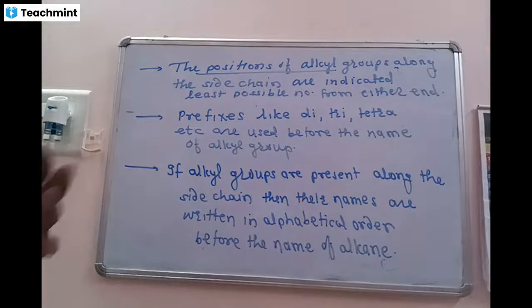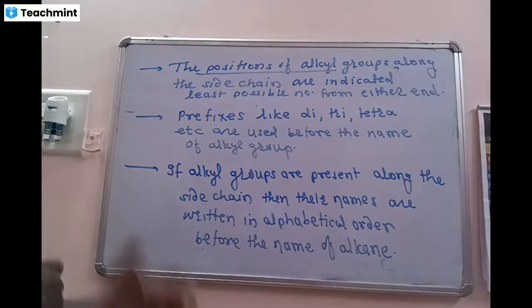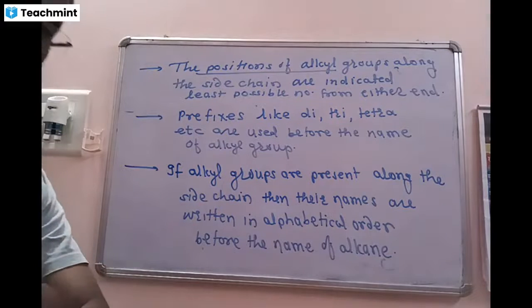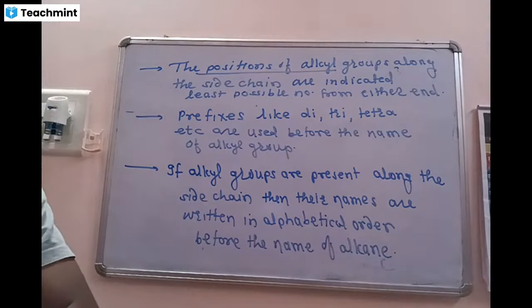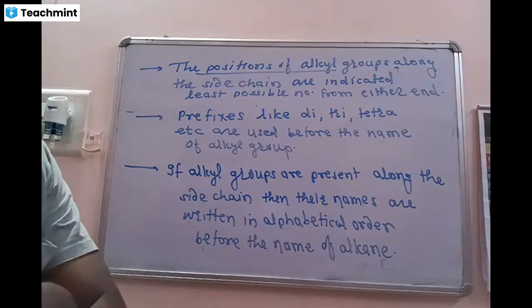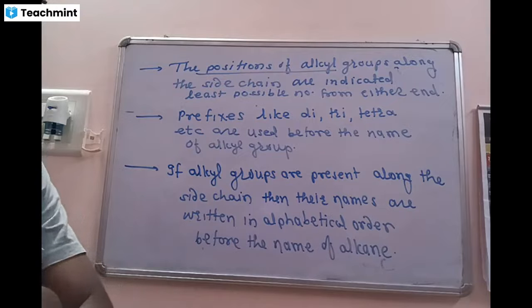If repetitively a group is occurring along the side chain, if 2 methyl groups are there, then their positions will be suppose 3 and 4. And 2 alkyl groups are there. So don't write methyl and methyl 2 times. Just write dimethyl.